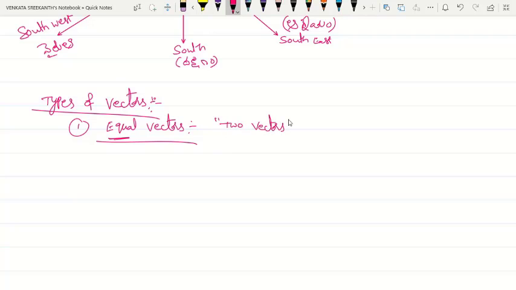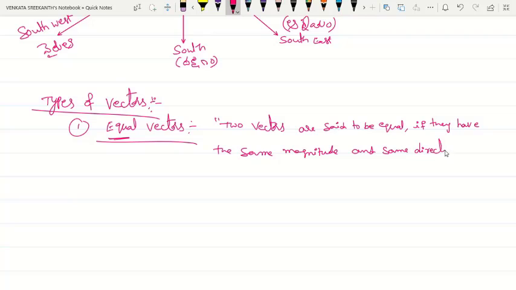Two vectors are said to be equal if they have the same magnitude and the same direction.